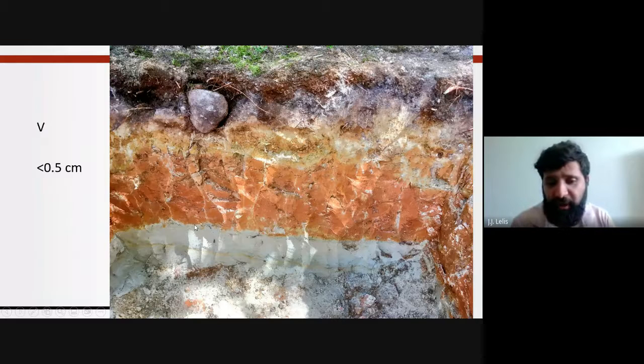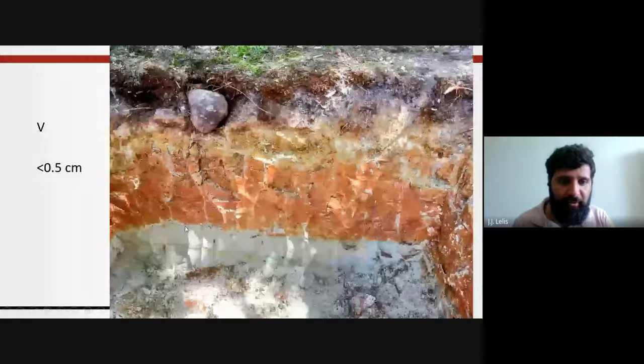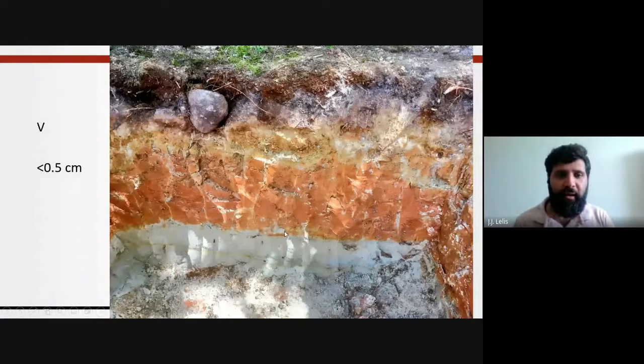I can see this change very easily, and this zone is very, very thin. I don't have a large zone that has a mix of gray colors and orange colors at the same time. I can just see an abrupt, very abrupt change, okay?